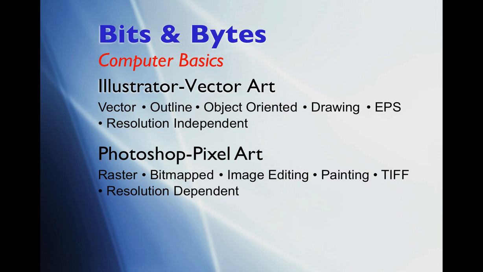Also, because every single little piece is its own little object, we can say it's an object-oriented software program. Because we generally are not manipulating photographs, but are creating artistic, illustrative type images, we would then say it's a drawing program.